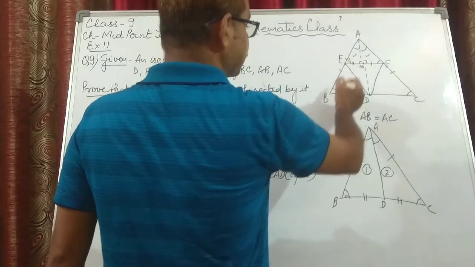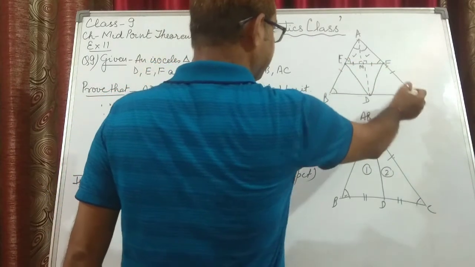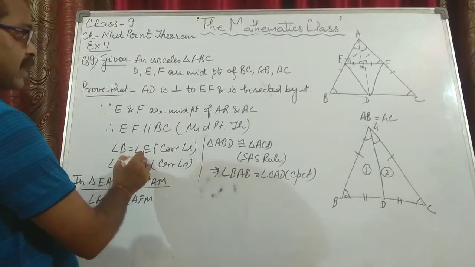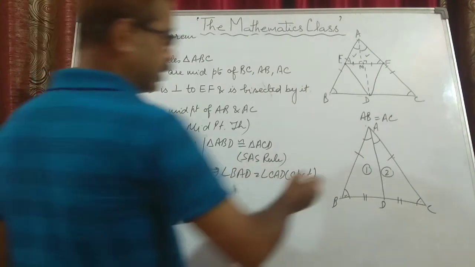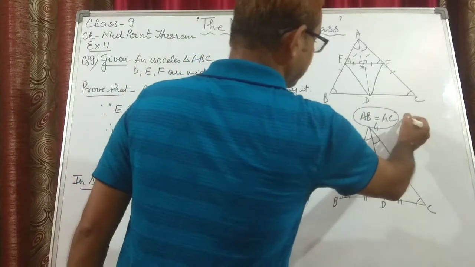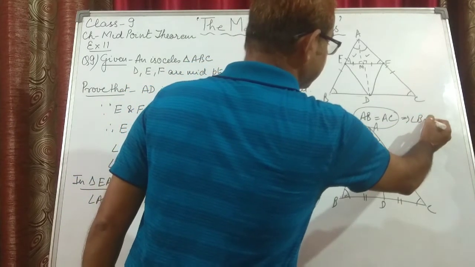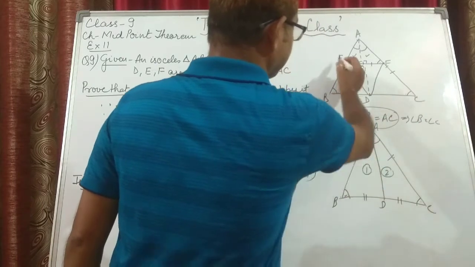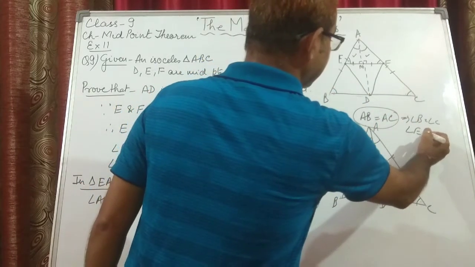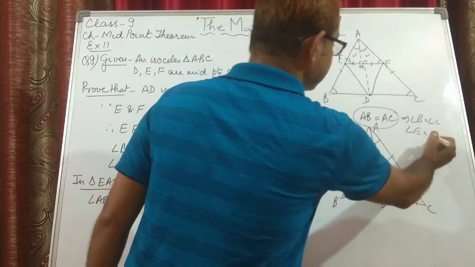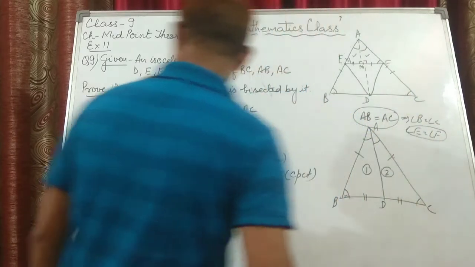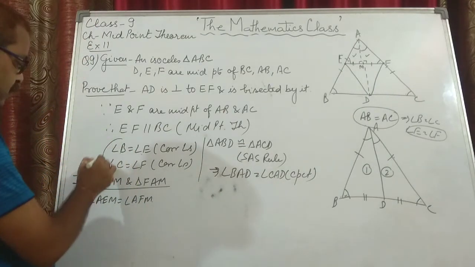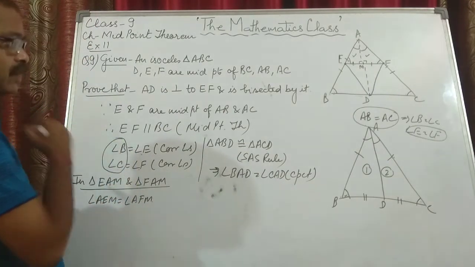Because angle E is equal to angle B and angle F is equal to angle C. And we have already proved, since AB is equal to AC, it implies that angle B is equal to angle C. If angle B and angle C are equal, in place of angle B we can say angle E, and in place of angle C we can say angle F. Angle B and C are equal, given.